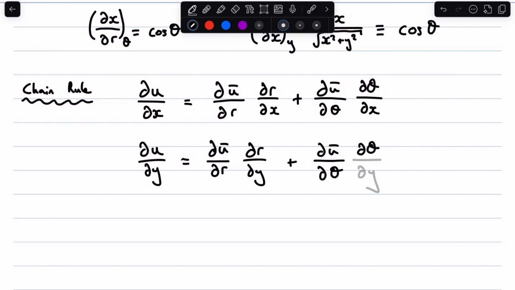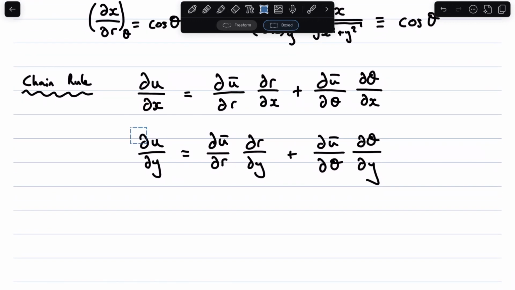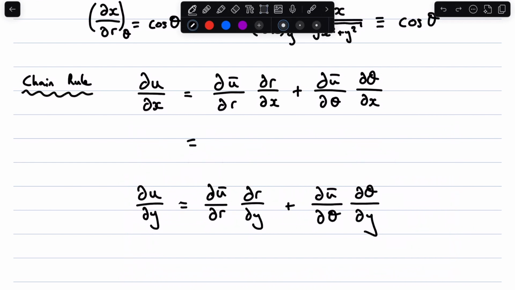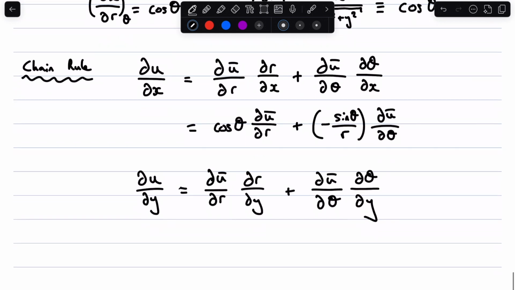Same for theta. And we can substitute in for our known partial differentials, so the ones not involving u bar, as that's a function to define, and we can see that this dr by dx will be cos theta as we found before, partial du bar by dr, plus minus sine theta over r times partial du bar by d theta.